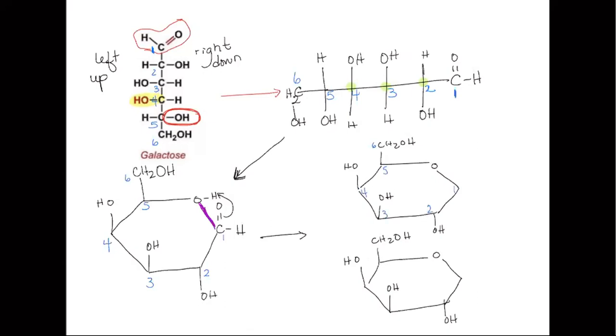Carbon 1 is going to be different. Because in one molecule, we're going to have OH pointing up, and in the other one, OH pointing down. Remember that there's always hydrogens on the other side of the OHs.